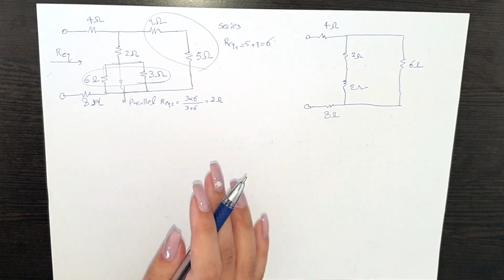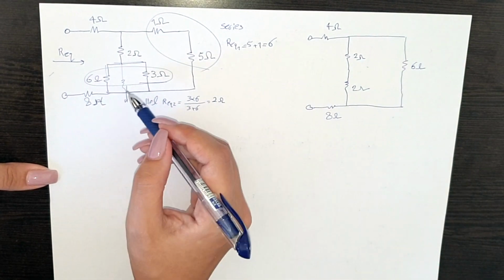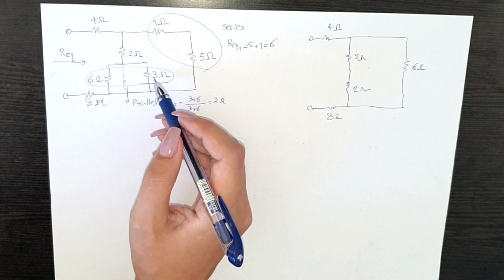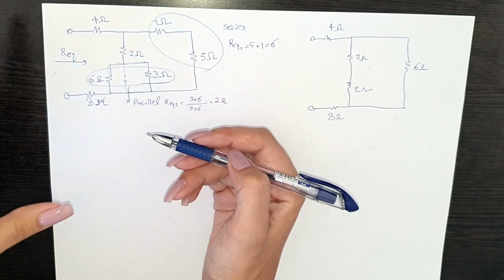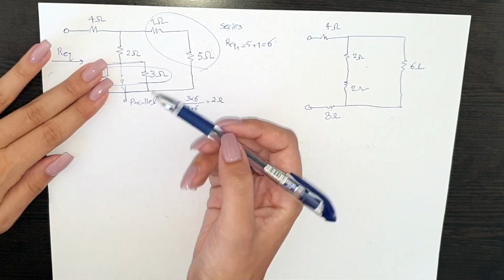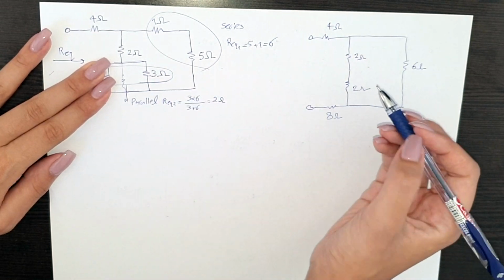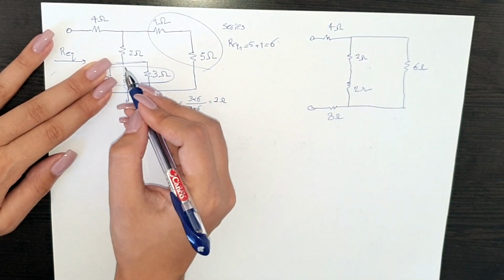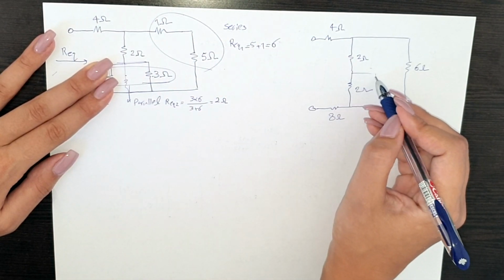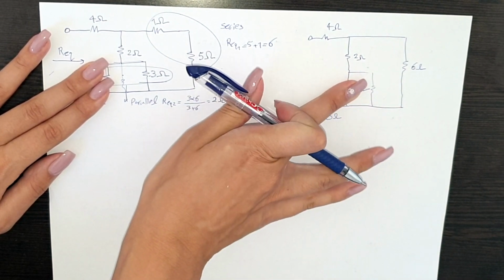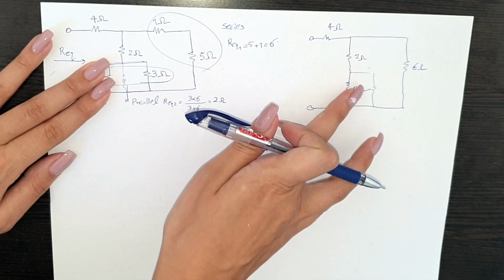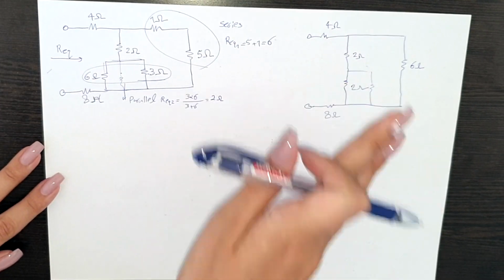Here you may ask, why did you put this 2 ohm in here and not here? You said we should only put it in here or here in the place. That's correct, that's what we should do, but if I put the 2 ohm in the place of this one, it doesn't really matter, because it's still going to be in series with this one and doesn't make a difference.